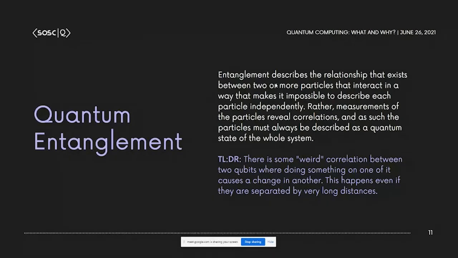But as it turns out, there were experiments done, there's something called the Bell state experiment. What basically happened is, when you have 2 qubits, a quantum mechanical system, and you process them in some state, there appears to be some weird correlation between them.